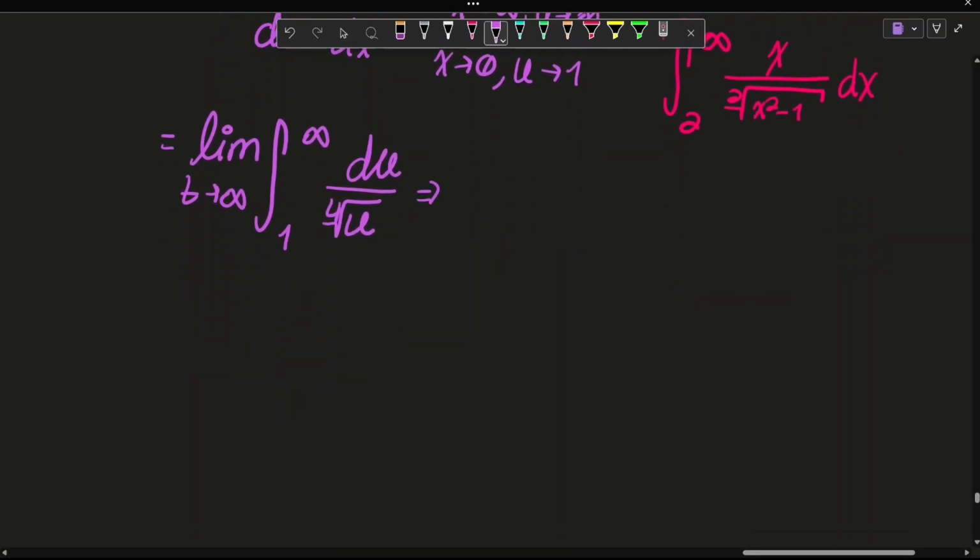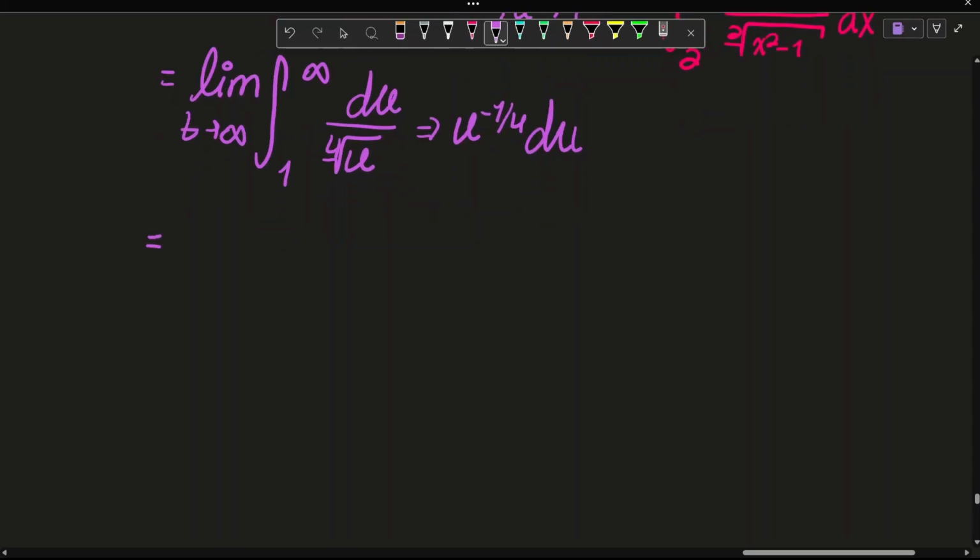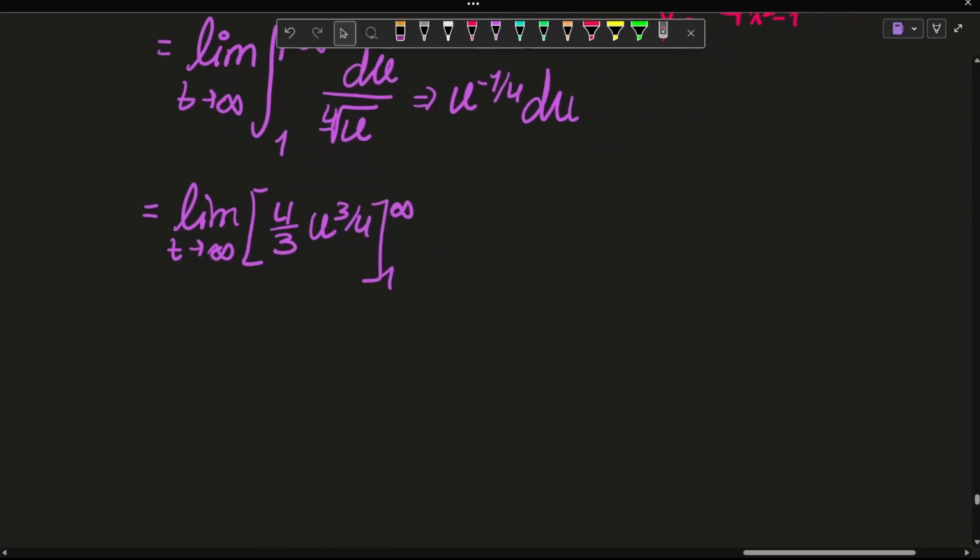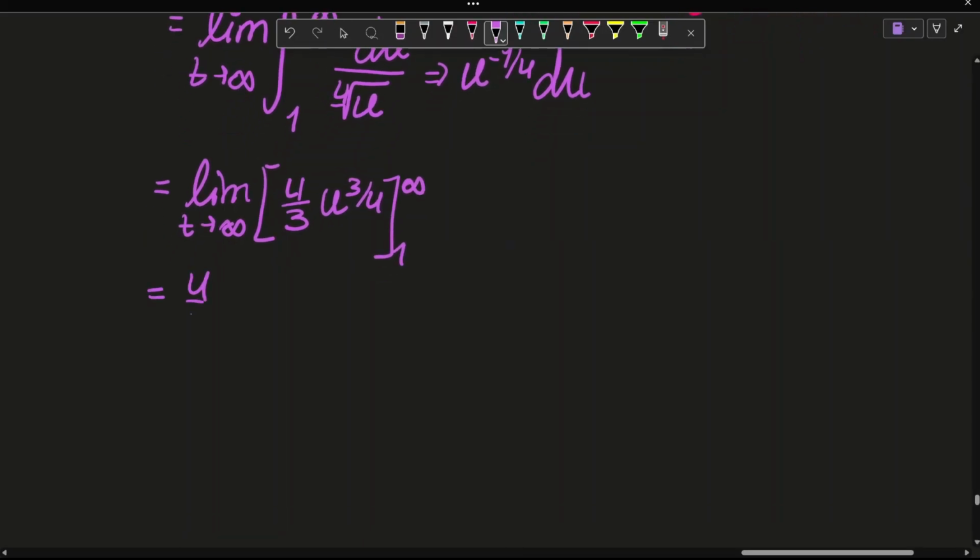That's also equal to u to the power of negative 1 over 5 du. So knowing that, we can just add 1 to the exponent. This becomes the limit as t approaches infinity of 5 over 4 u to the 4 over 5 from 1 to infinity. Then we take out the constant.